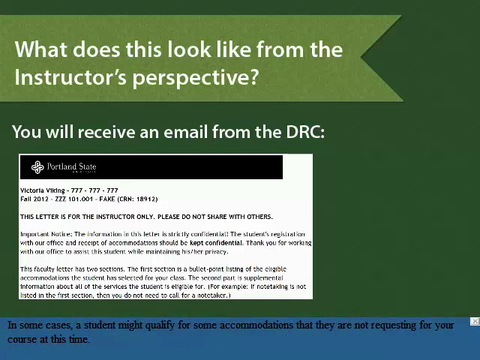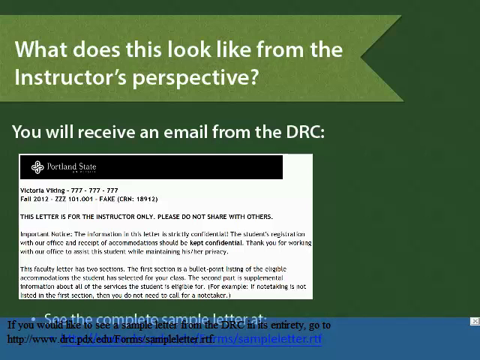In some cases, a student might qualify for some accommodations that they are not requesting for your course at this time. You are not responsible for implementing accommodations that are not requested. If you would like to see a sample letter from the DRC in its entirety, go to this website.